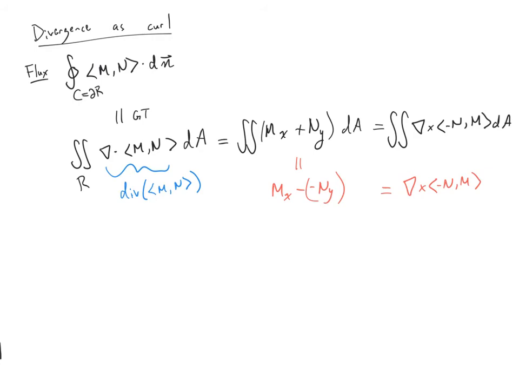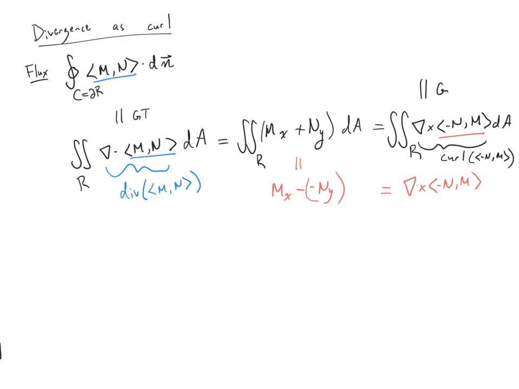So we've switched fields, right? On one hand, we had this m comma n vector field, but on the other hand, we can, over here, turn it into a minus n, m vector field. All of these are still integrals over R. And then this is a curl of minus n comma m.